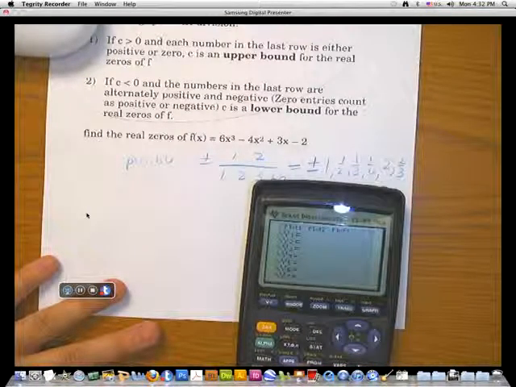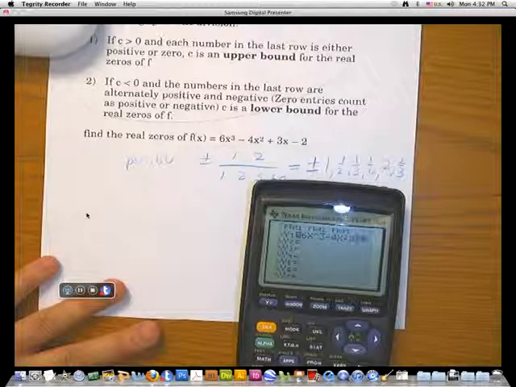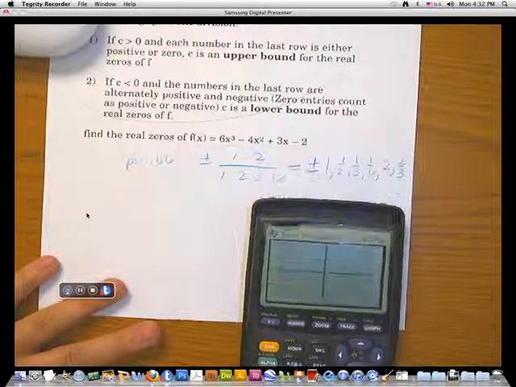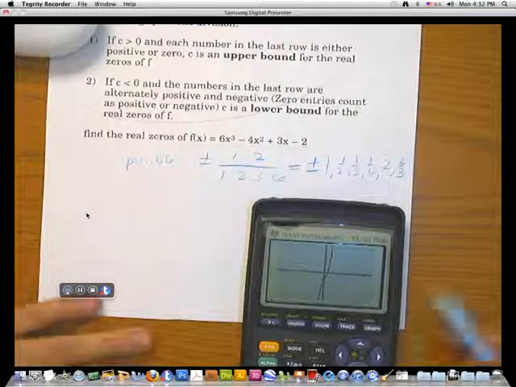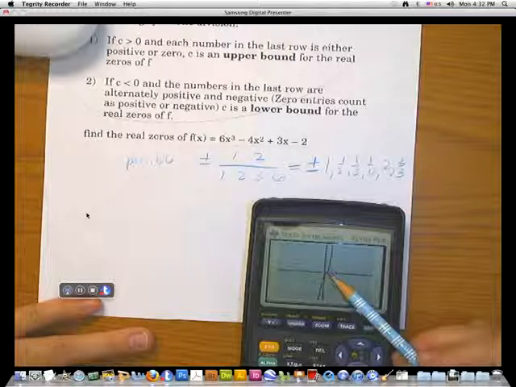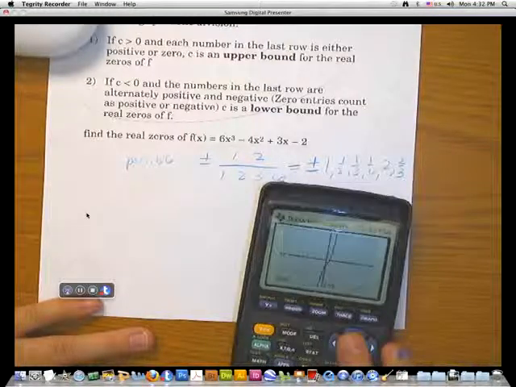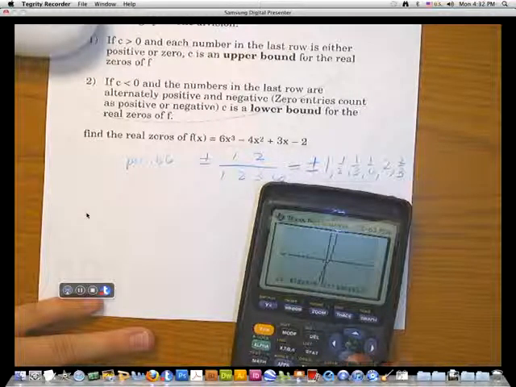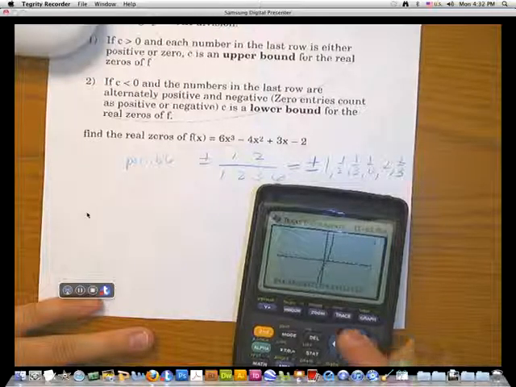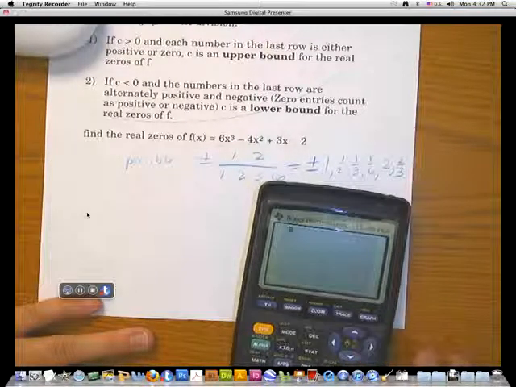The calculator we're going to go to help narrow it down even more. And it looks like it's crossing between two things. If you're not sure, you can always zoom in and take a look at it, right around the x-axis, and see what we get.